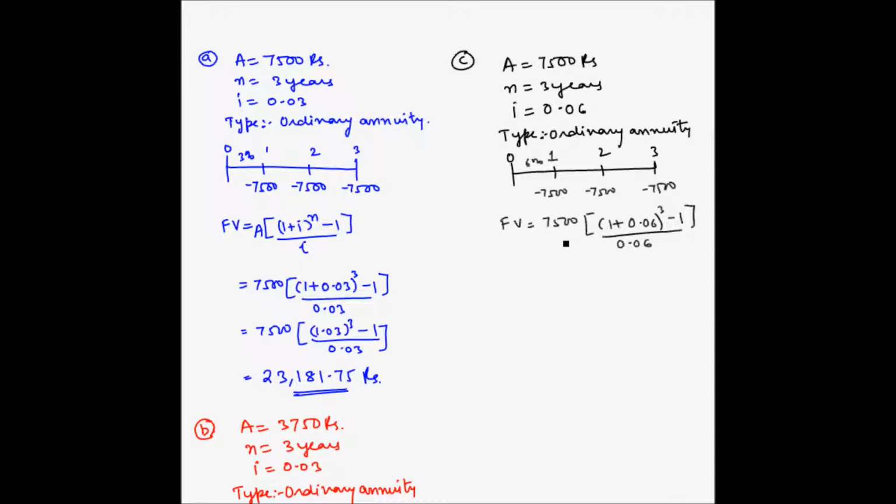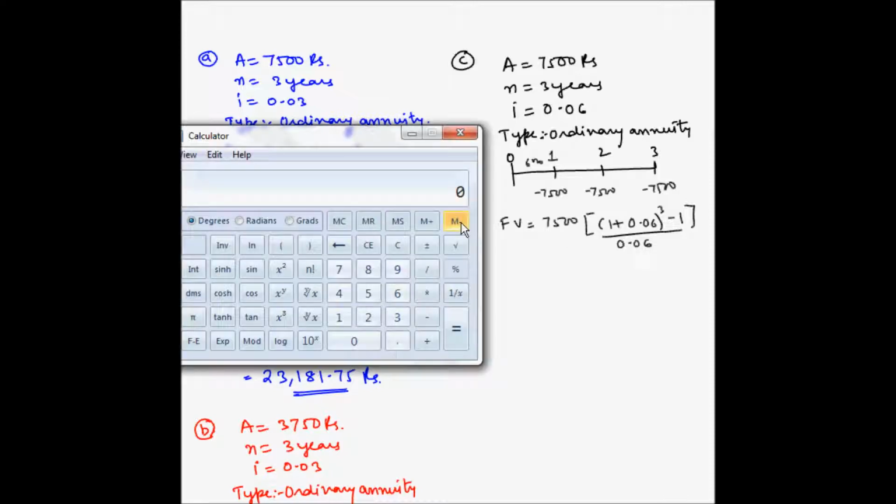So let's calculate this using a calculator. Now 1 plus 0.06 is 1.06, and that is to the power of 3.